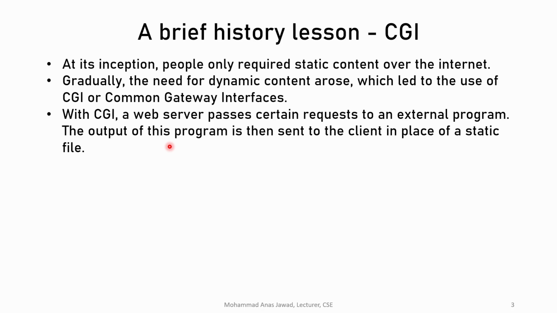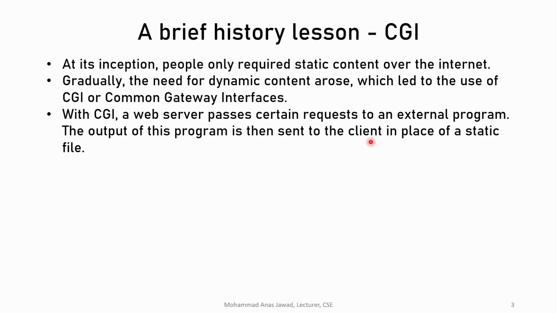Now, obviously, this is an example of dynamic content because depending on the numbers that the client has inserted, the output will vary, right? Now, static content-based web servers obviously cannot handle such requests. And so, in the earlier days, web servers would use CGI-based technologies, okay?